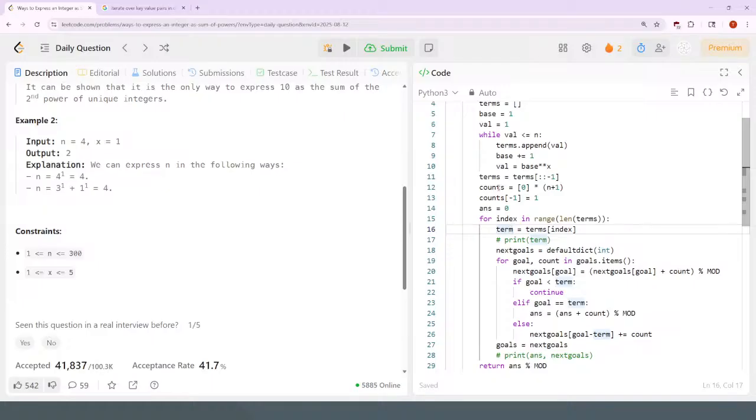Okay, so I kind of need to go through the goal values from smallest to largest. Then that would require sorting. That's awkward. Or I could go through, this is why the default dictionary is easier.